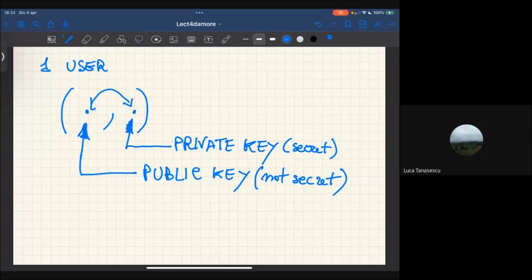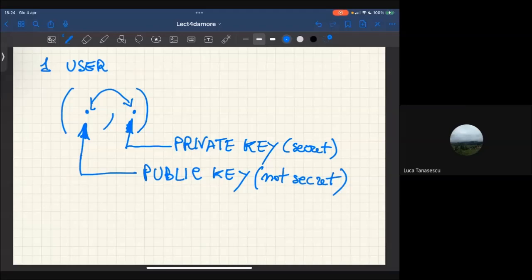If it happens that my private key is known by some other person, I immediately say that the private key is compromised, and I'm losing my security. This works well just if the public key is really public and the private key is really private. Okay, this is the first part.